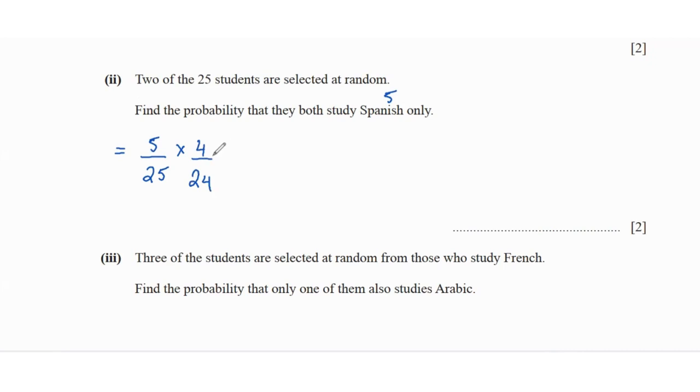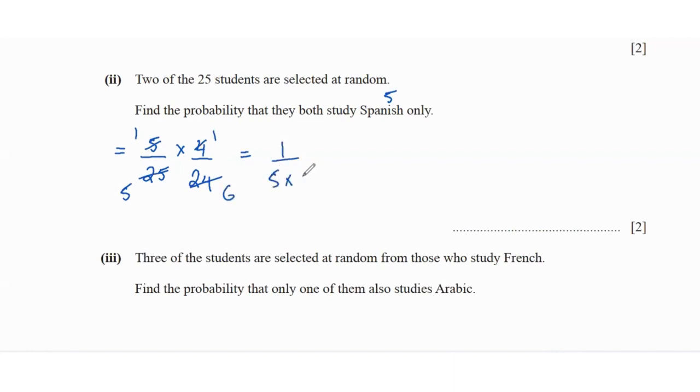The reason why it's 4 over 24 is because one student has already been selected from the group. So we have one less student now. So the total number of students who study just Spanish is 4 now. And the entire universal set, for all the students, is one less as well. So that's 24. Which can basically be simplified: 5 ones are 5, 5 fives are 25, 4 ones are 4, 4 sixes are 24.